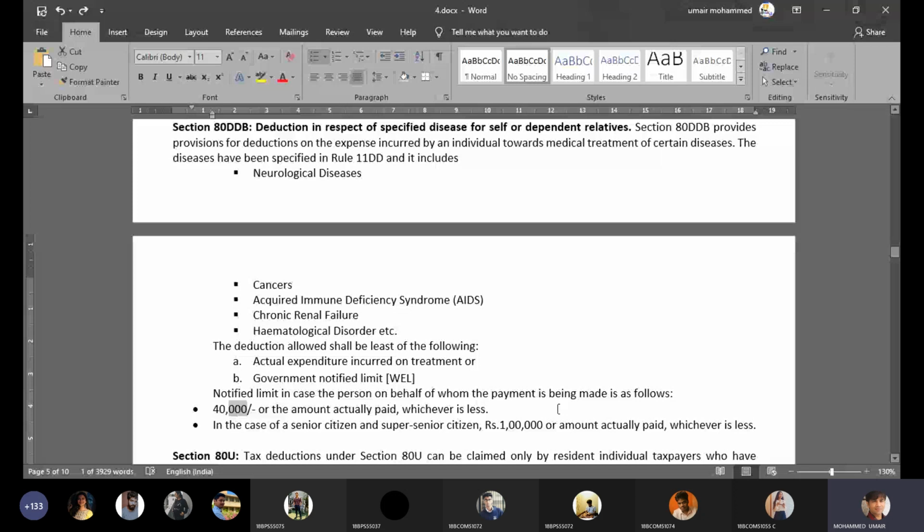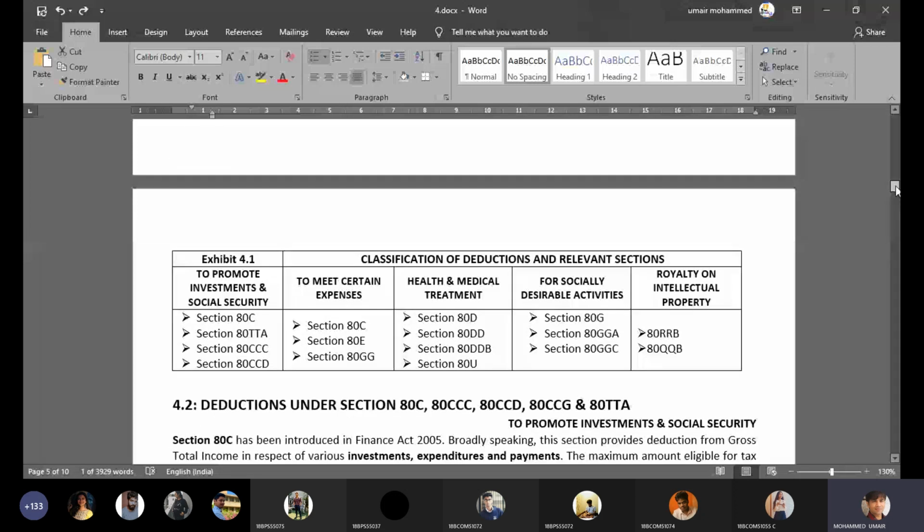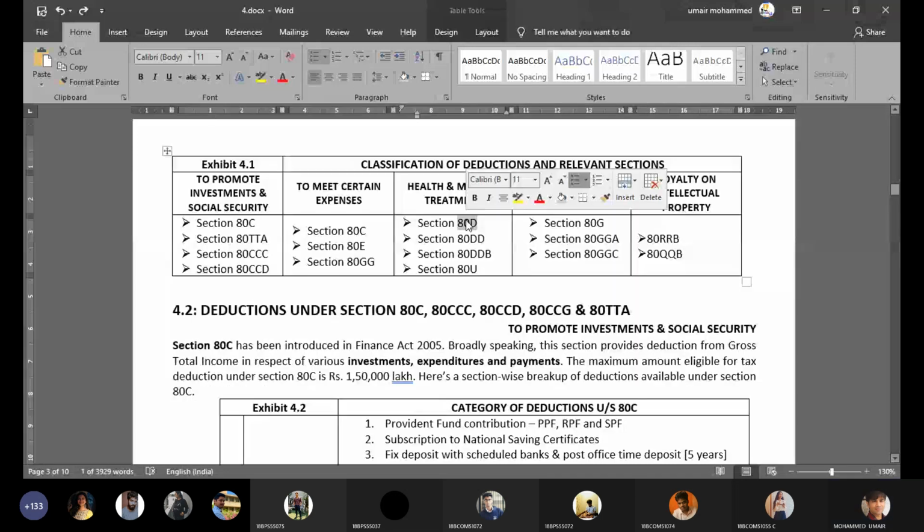So 80D: health insurance or medical insurance premium paid for the policy of self, spouse, children and parents. If self, spouse and children and parents are all non-senior citizens, it is 25,000 plus 25,000. If anybody is senior, then from 25 it will become 50.